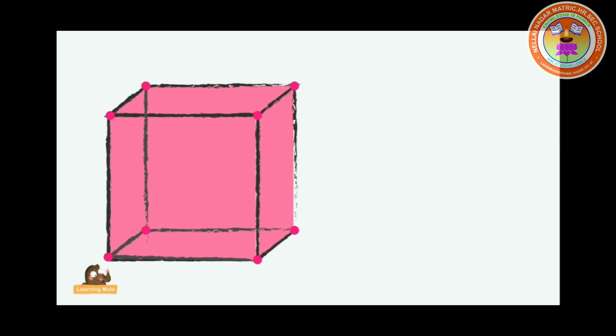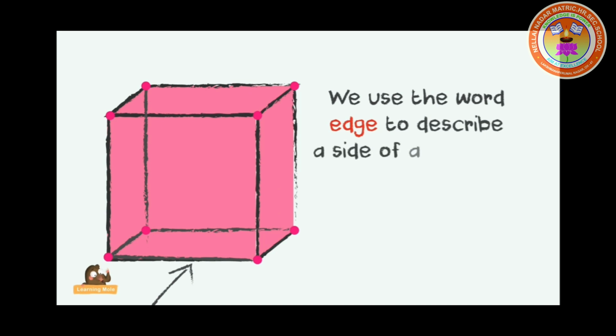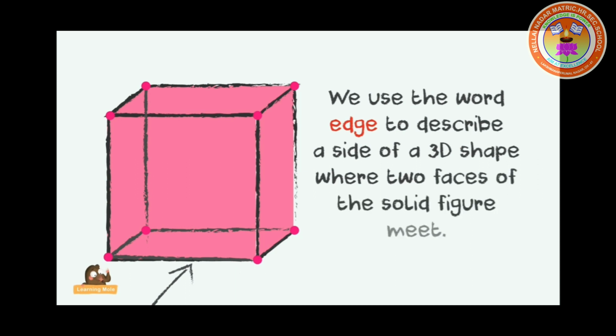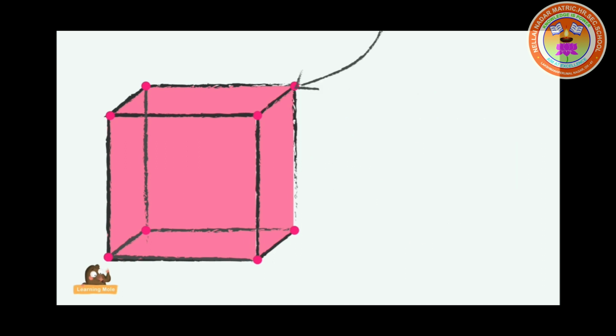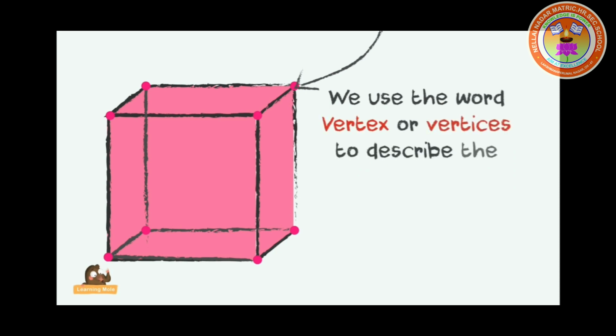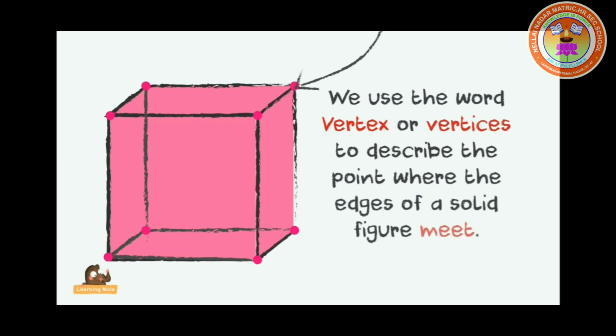Now this denotes, we use the word edge to describe a side of a 3D shape where two faces of the solid figure meet. So that is the edge. We use the word vertex or vertices to describe the point where the edges of a solid figure meet. So that is the vertex. When all the vertices are together, they are called vertices.